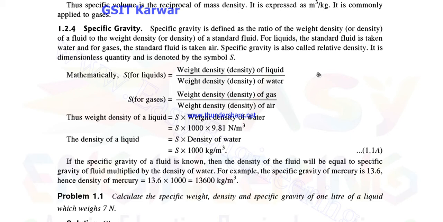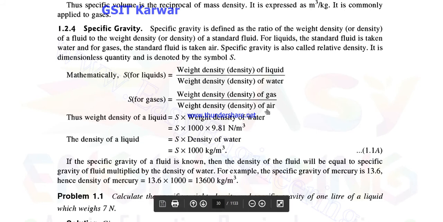It is a dimensionless quantity and is denoted by the symbol S. Mathematically, S, that means specific gravity, is equal to weight density of liquid divided by weight density of water. Weight density, or commonly we call it density. Weight density of liquid by weight density of water. For gas, weight density of gas divided by weight density of air.